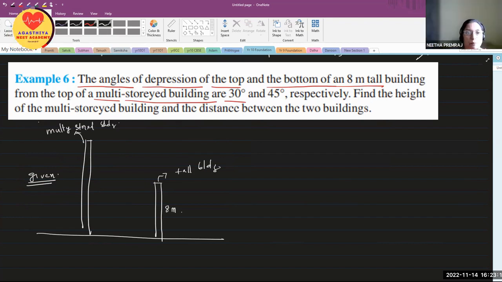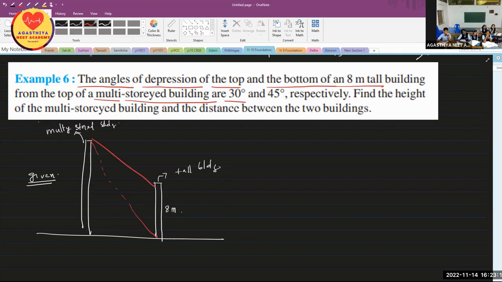So from the top of this building, we are looking at the bottom and top of the tall building. So this gives, if you draw a line, which one is 45, which one is 30?